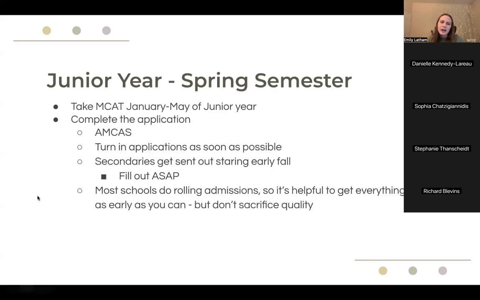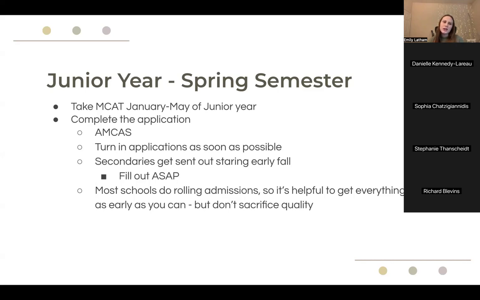Okay. And then your spring semester is when you'll take the MCAT, between January and May of junior year. And that's when you'll complete the application. The application usually opens at the beginning of May, and then you can submit it typically around June 1st.